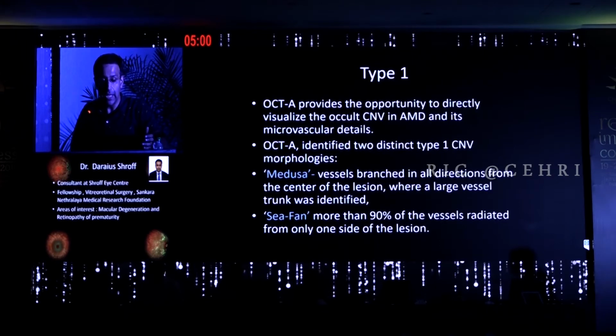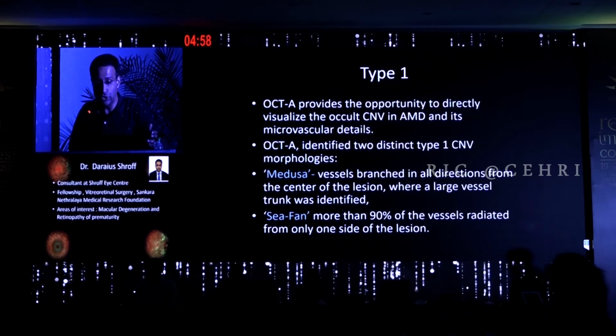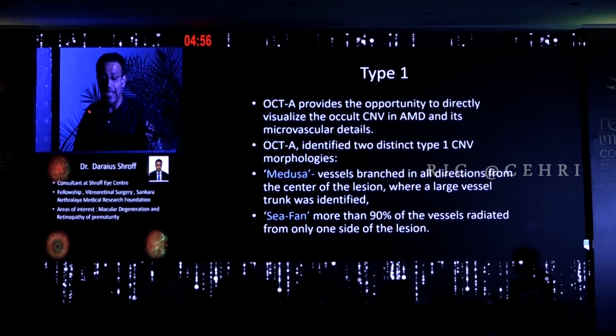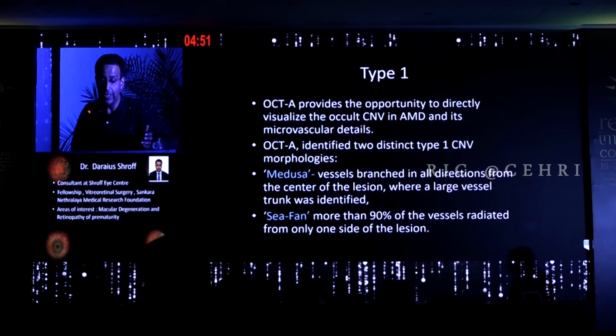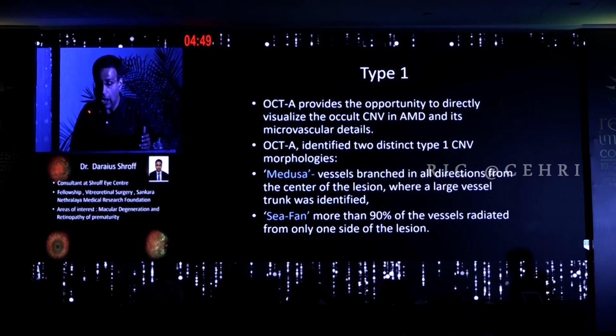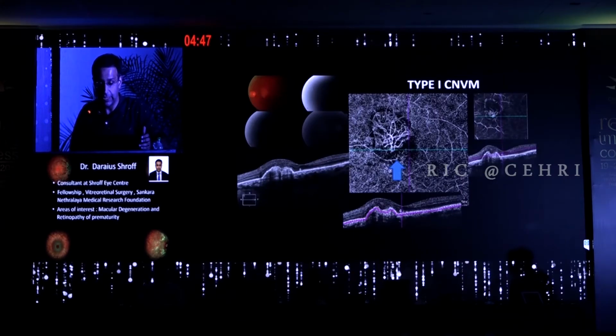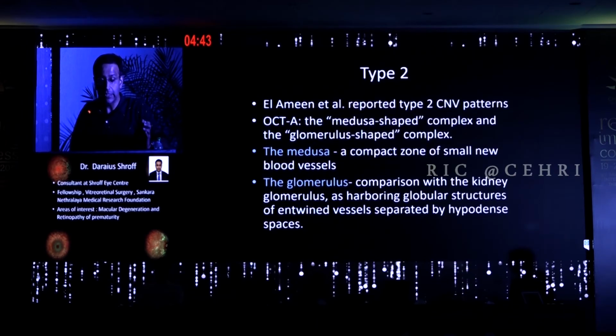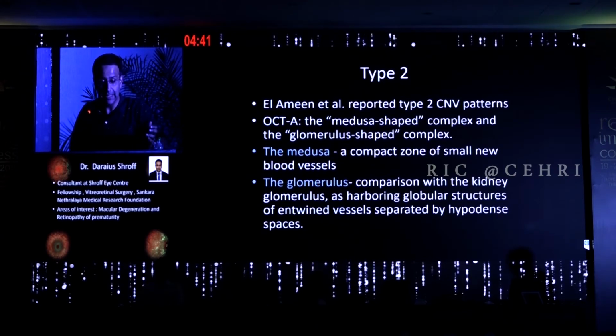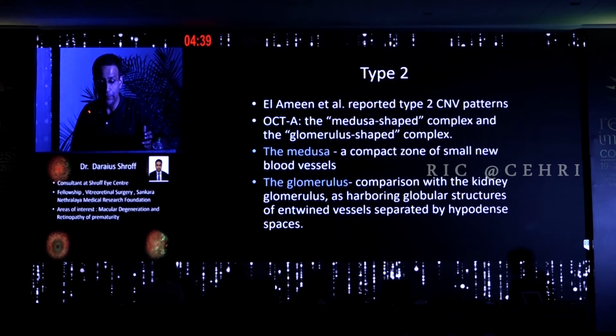So in type 1 CNVM, like I mentioned, you can see the occult CNV in microvascular detail, and Medusa head or the C-fan are the common patterns seen. So these are some of the cases where you can see the type 1 CNVM. And the type 2, if we move on to, also has this Medusa head or the glomerular shape, which is common.